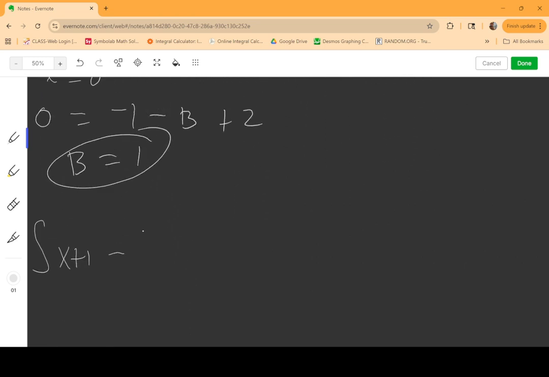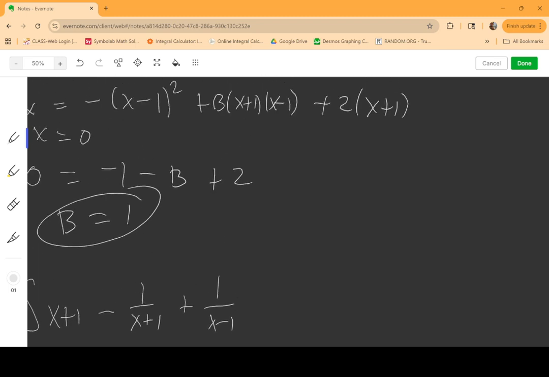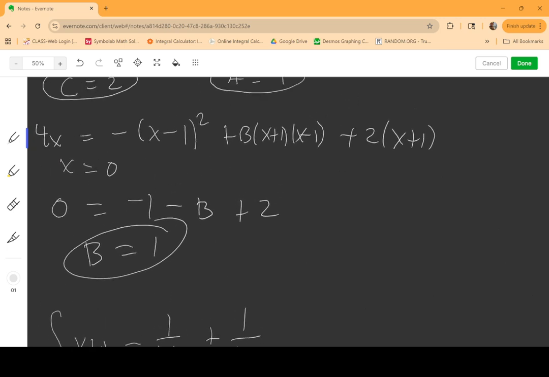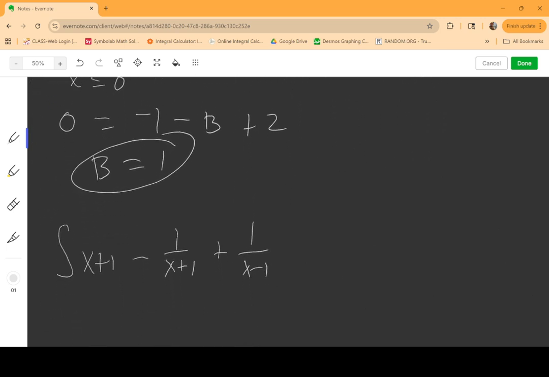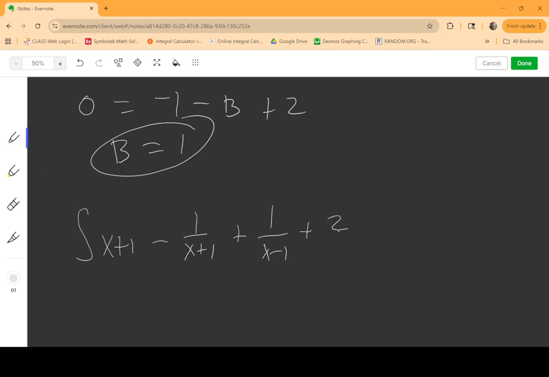So it's negative 1 over x plus 1. b was 1, that's 1 over x minus 1. And then c, where is c there? 2. 2 over x minus 1 squared dx.